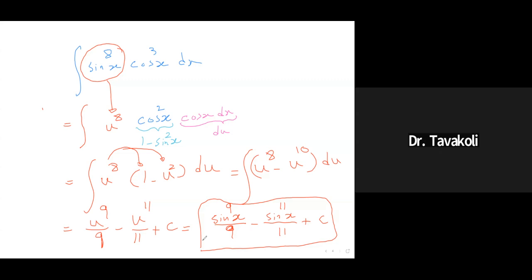Let me do another example of case 1 that the power of sine is even and the power of cosine is odd. Before writing down the next example, do you think 0 is an even number or an odd number? Obviously, 0 is an even number, right?